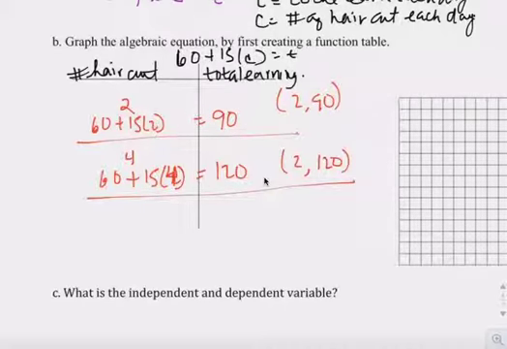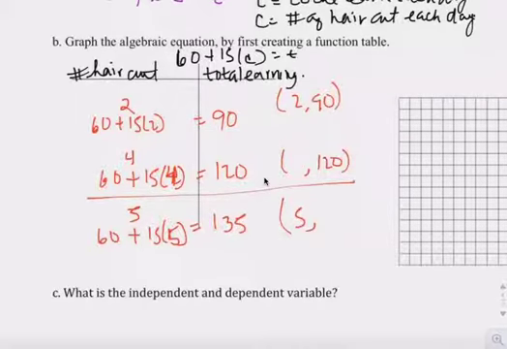Say 5 haircuts. 60 plus 15 times the 5 haircuts you gave, that's 75 plus 60 is 135. This is 4 haircuts, you get $120. 5 haircuts, you get $135.